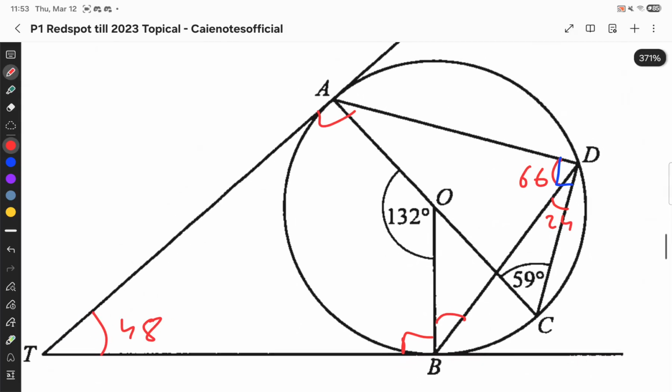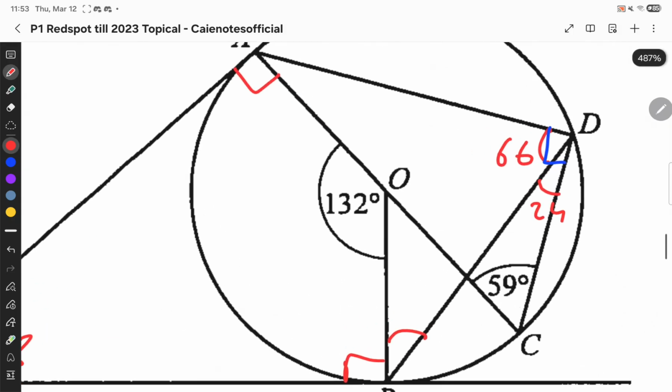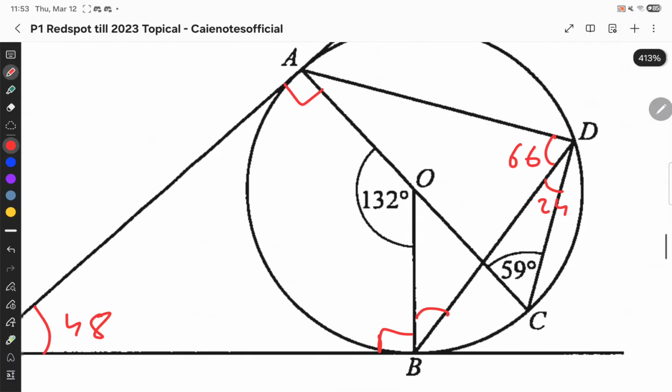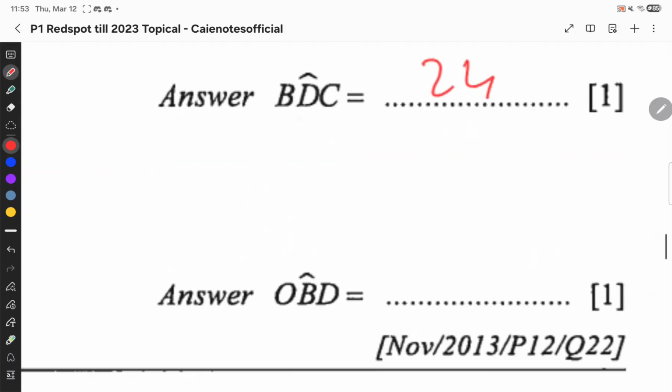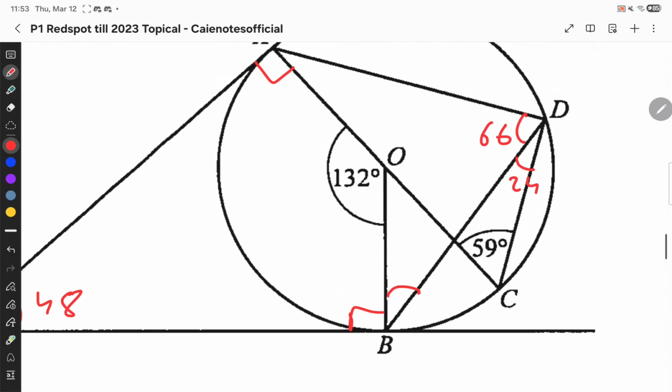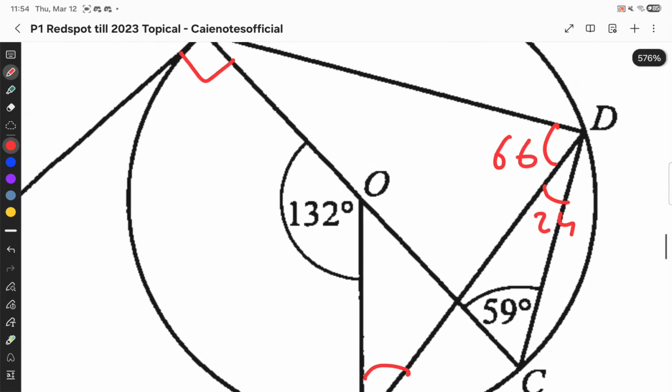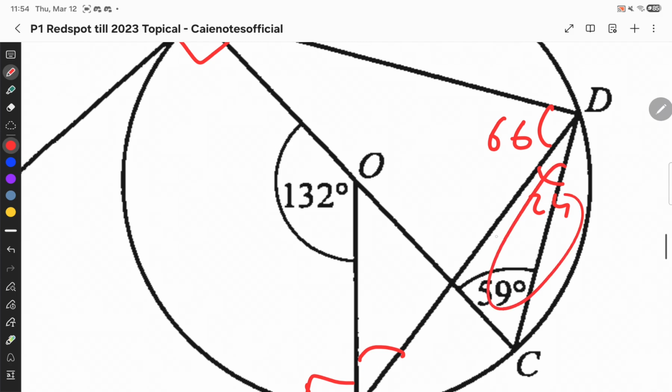Some people might think they can just use that angle, ASC. No, this is not ASC. So you need to do a little bit of hard work, but you will find it eventually. We know all angles of this. Why? Because we can just find this easily. 180 minus 24 minus 59 is equal to 97, and so this is 97.